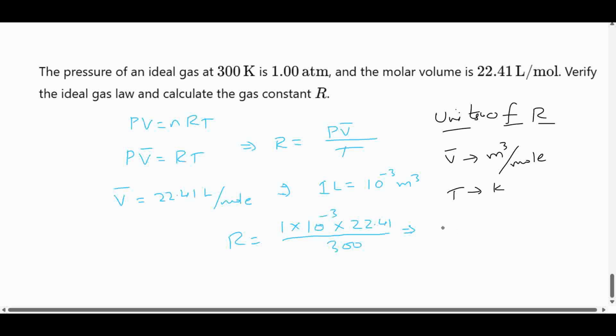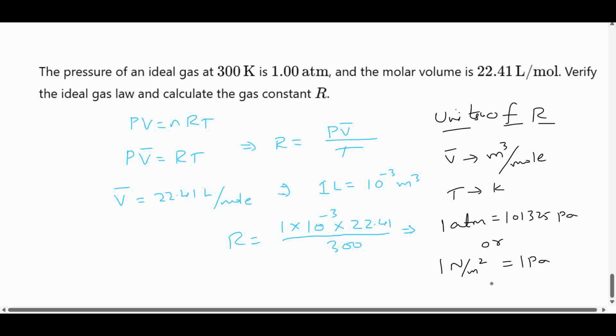Basically, one atmosphere is equal to 101,325 Pascal, and 1 Newton per meter square is called 1 Pascal.